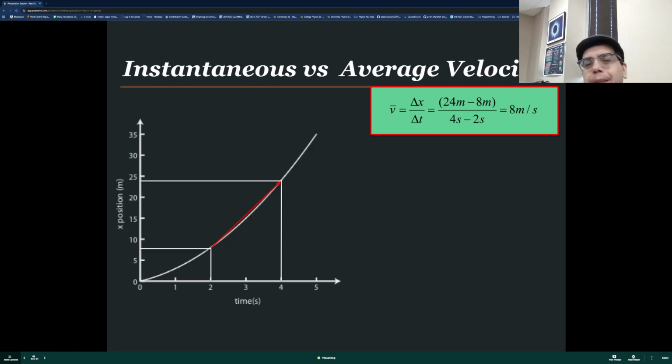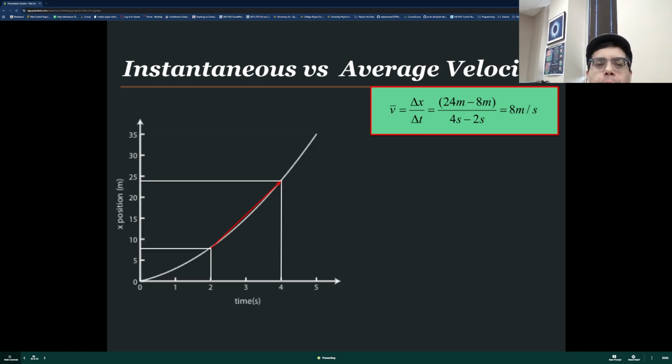This is what some other classes that aren't related to physics in any way would call a secant line, between 2 seconds and 4 seconds. The position values you can't perfectly get from the graph, but I'll tell you what they are: at 4 seconds it's 24, at 2 seconds it's 8. So you do the rise over the run, and the slope of this red line is 8 meters per second. So you could say the average velocity between 2 and 4 seconds is 8 meters per second.